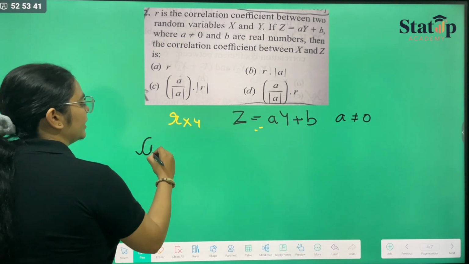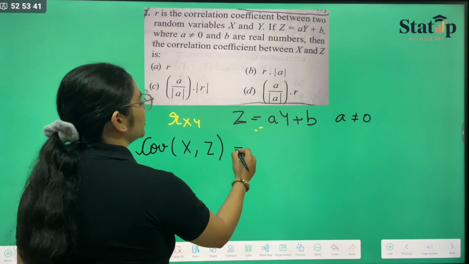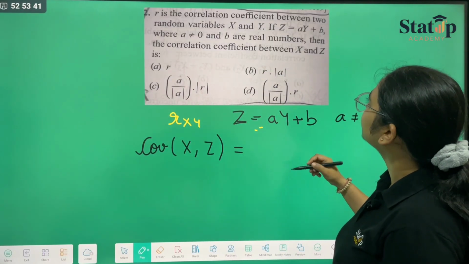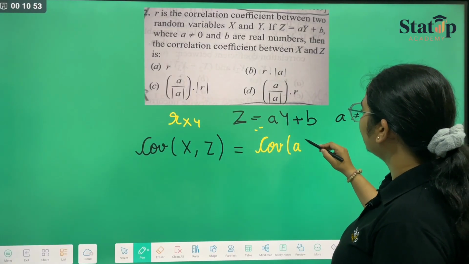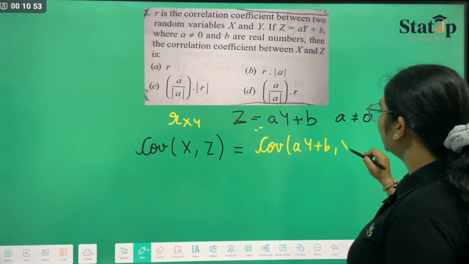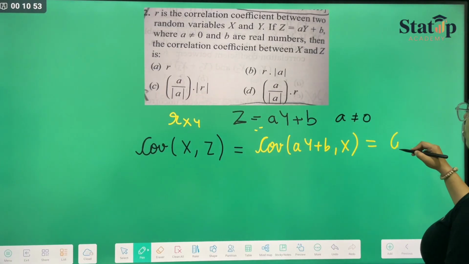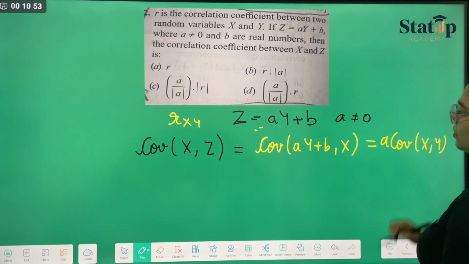So covariance between x and z, which is equal to covariance between x and ay plus b. Now the covariance between x and ay plus b will be covariance of x and y into a.